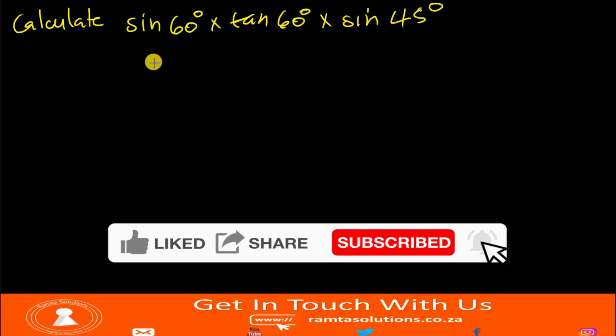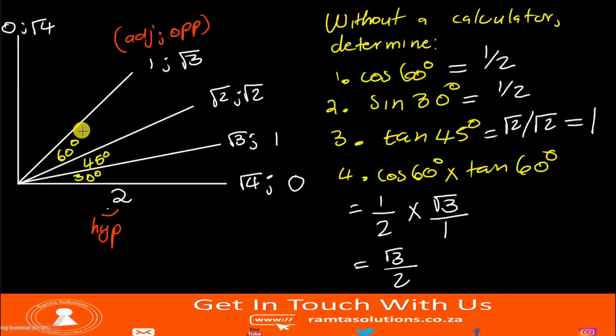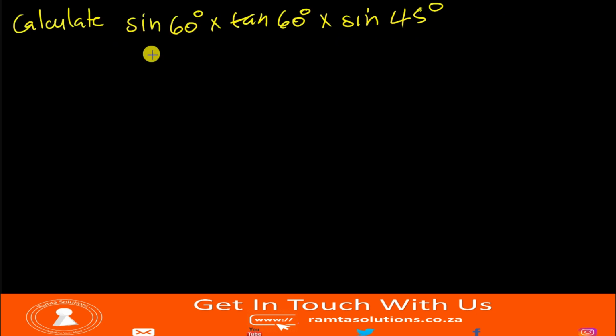Let's go to the 60 degrees line. Sine 60: sine is opposite over hypotenuse, which is root 3 over 2. What is tan 60?